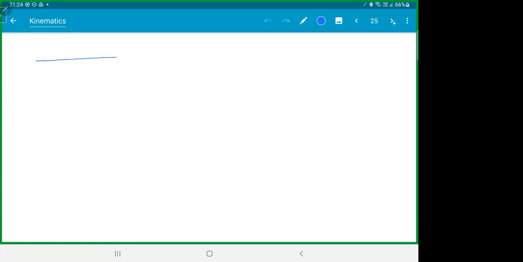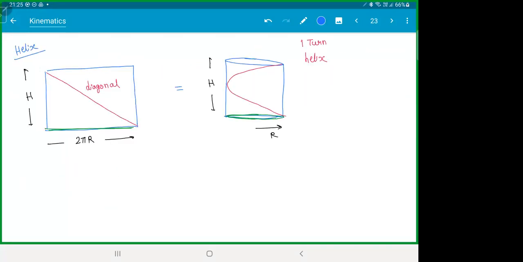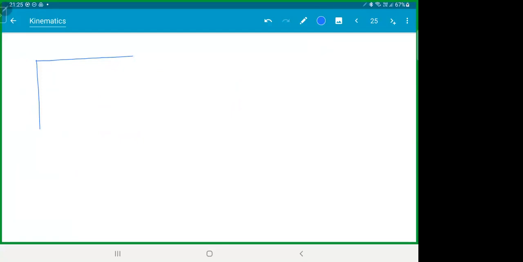So first thing, now see, be careful here. The 1-turn helix, what we proved here, is that the diagonal is for a 1-turn helix. So here it's a 3.5-turn helix. So how do we draw that?